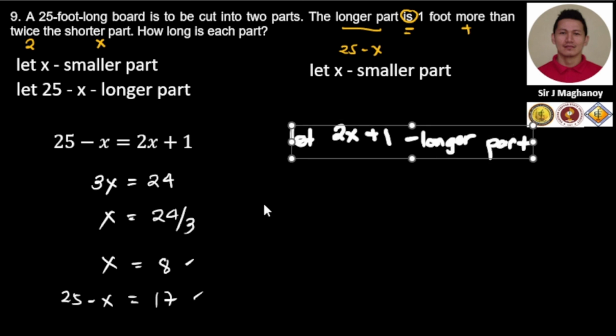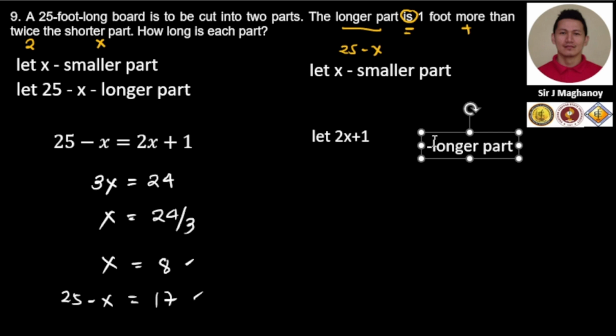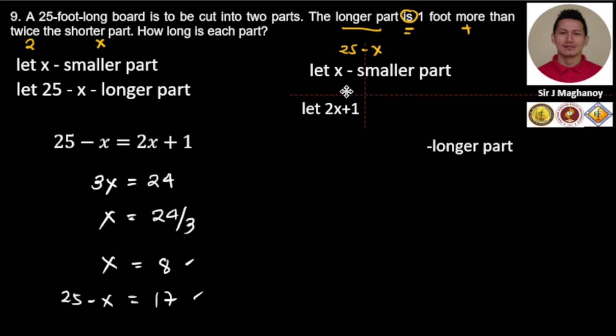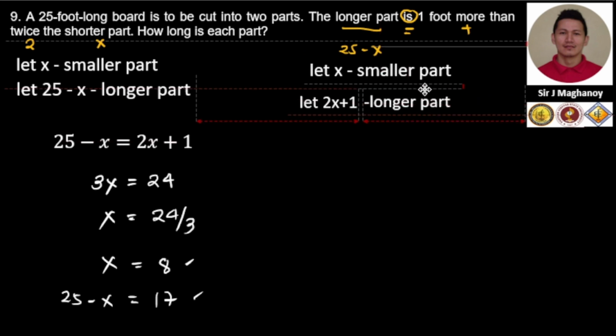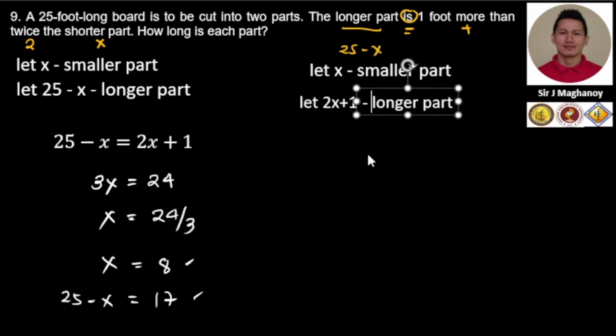So from our statement, let 2x plus 1 be our longer part. So we need to have our equation. Now if we write our equation, the 25-foot board is to be cut into two parts.